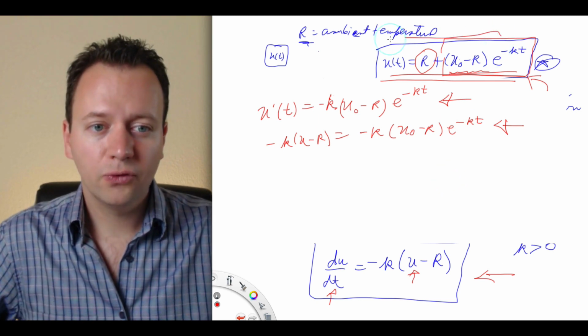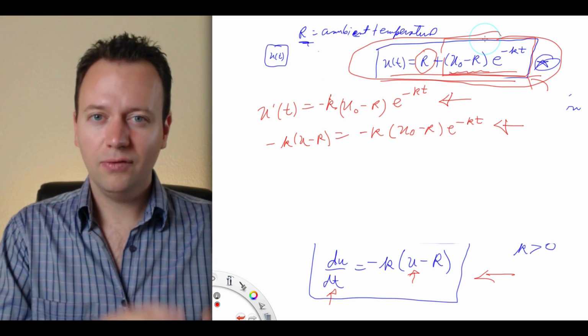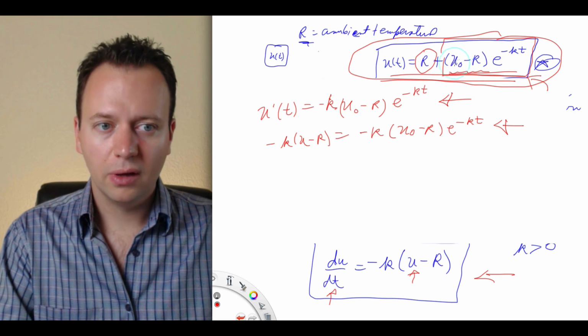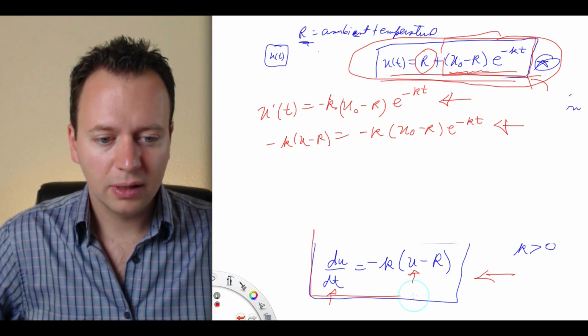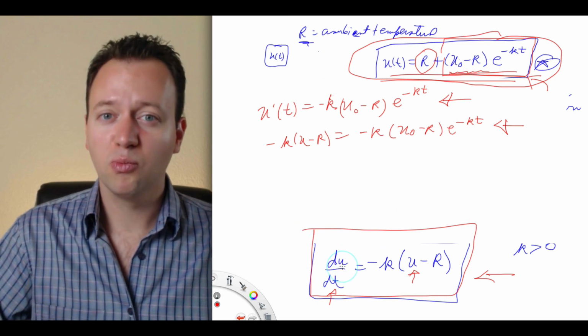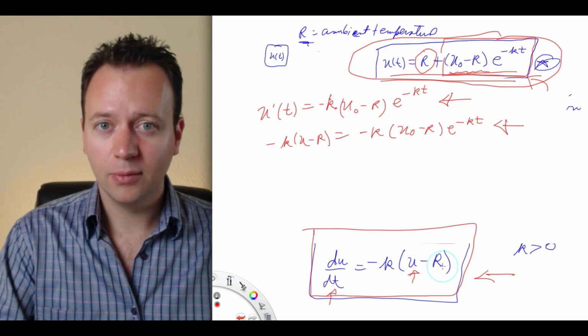Where this formula comes from is that it's the unique family of functions given these parameters. For different values of u0 and r, you get a different function that satisfies this relationship down here. The derivative, the rate of change, is proportional to the difference between its current value and the room temperature r.